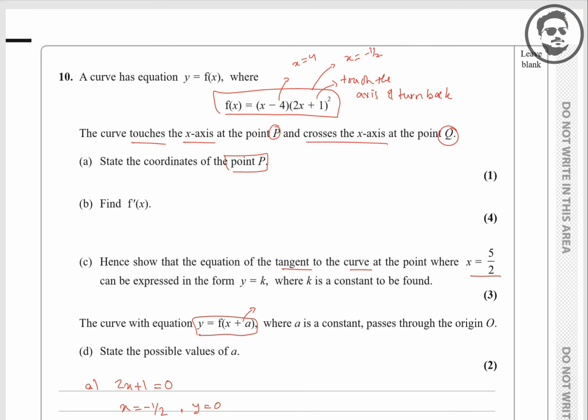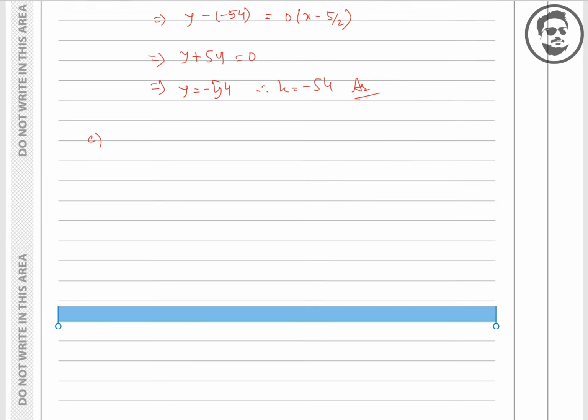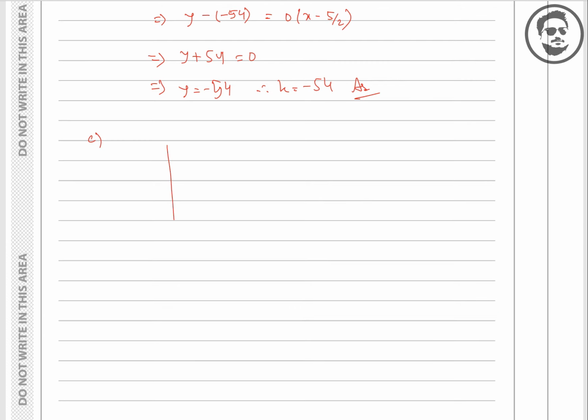The x cube is positive, so the graph will actually look like this, and this is f of x.